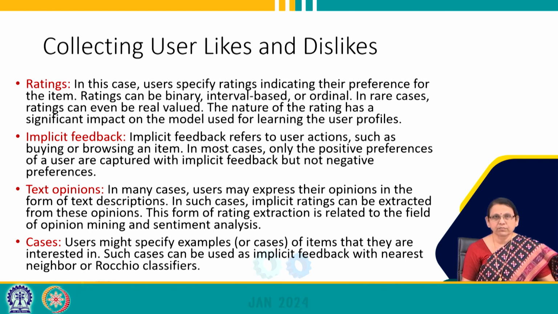Now, this can be collected from the implicit data, which refers to how the user behaves while browsing, etc. Now, it can come from the text opinion of the user who rates an item as well as gives some additional feedback. It can also come from the example cases which the user has already seen.